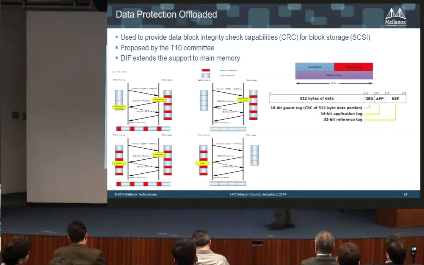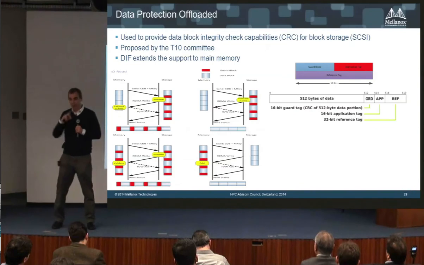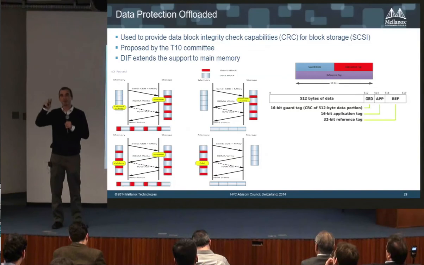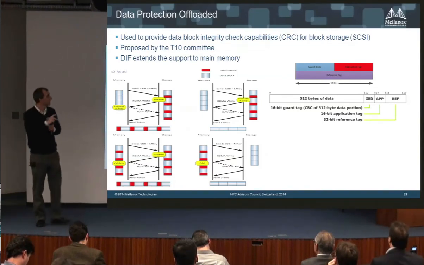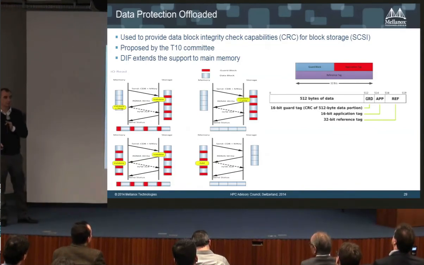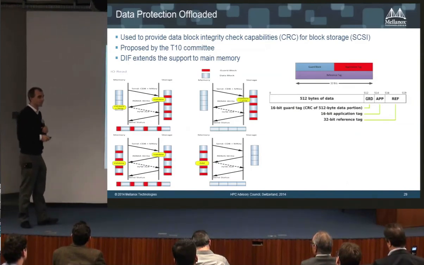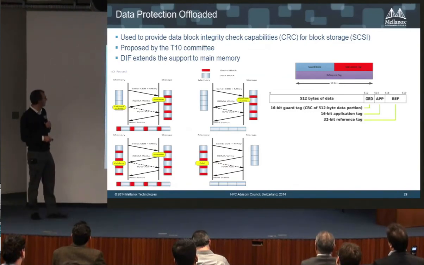There will be no silent data corruption, and doing these computations in the host CPU or the storage targets is very time consuming. Our network interface cards, in this same spirit of offloading stuff that has to do with moving data across, do this automagically. So when data lands in the storage unit, it already comes together with its CRC, its data protection tag.